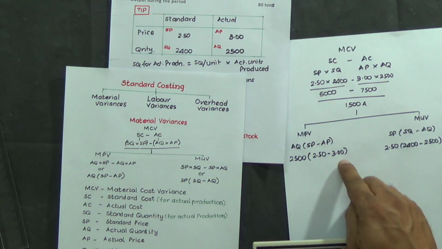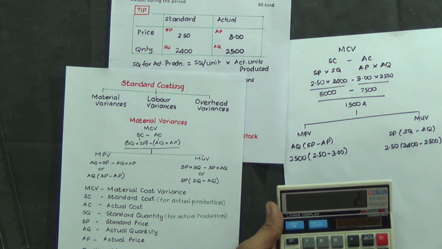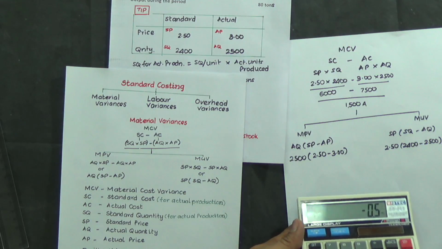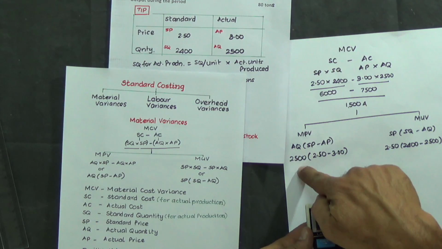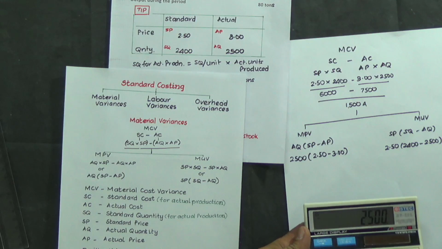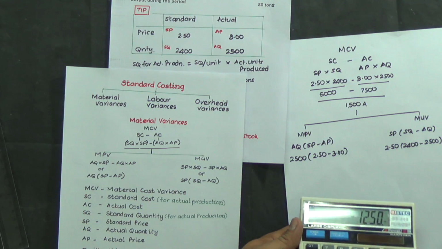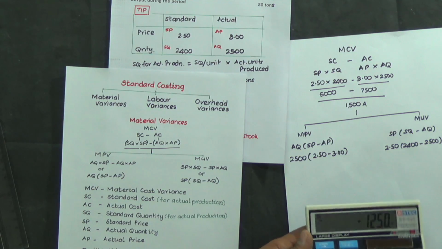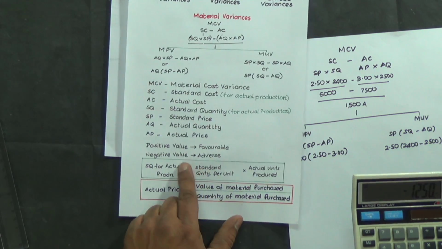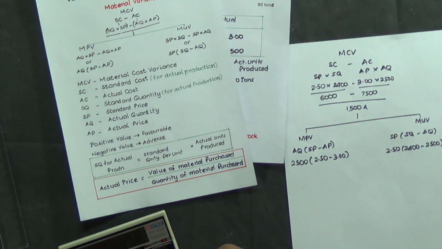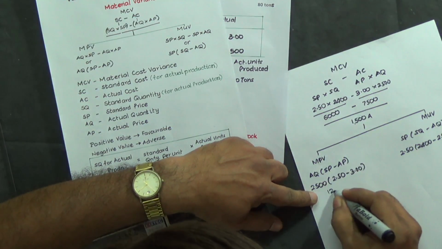2 rupees 50 NP minus 3 rupees will give us a negative 50 NP into 2500 quantity units, which gives us 1250 negative. Negative means adverse, so 1250 adverse.